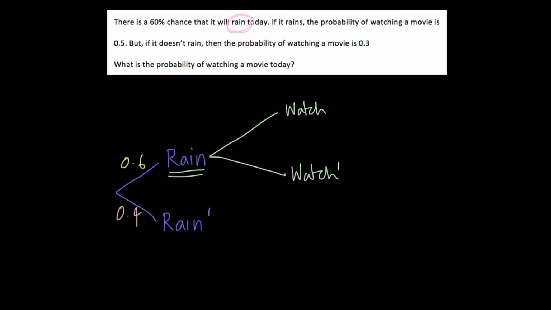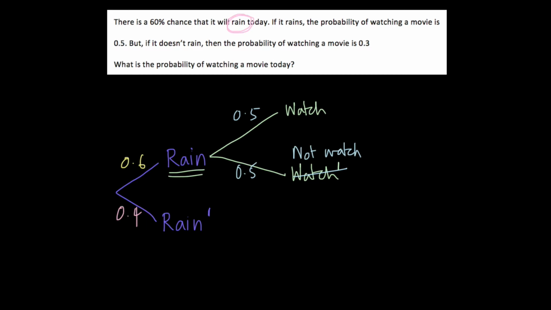If the complement sign is confusing you, you can just write "not watch" or something like that. That's totally fine as well. The probability of watching a movie is 0.5, so I'm going to put 0.5 here. They don't tell us this other probability explicitly, but we know from the law that it has to be 0.5 as well because we want them to add up to 1.